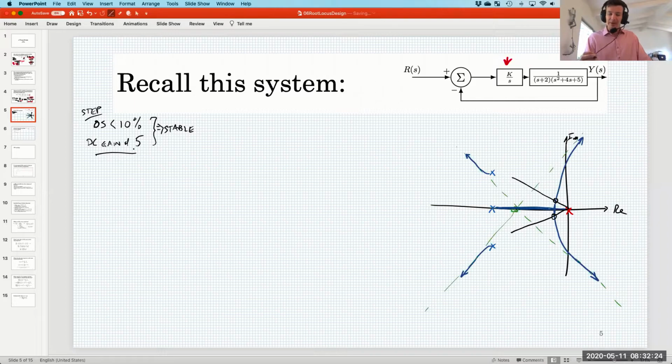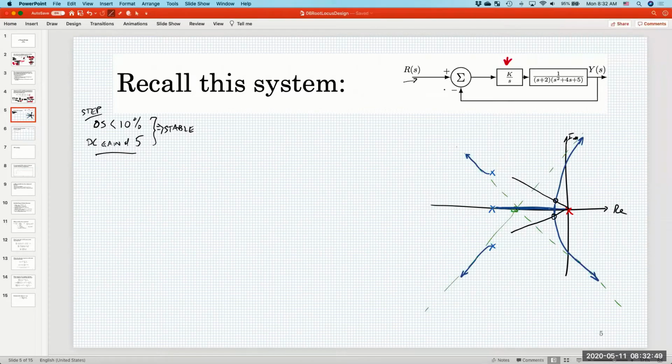Now, tell me, if a step is input to this system currently, what type of system is it? And how much error do you expect? Type, like type number. Way back, remember, like 2 weeks ago, 3 weeks ago. One, because there's one integrator. Exactly.